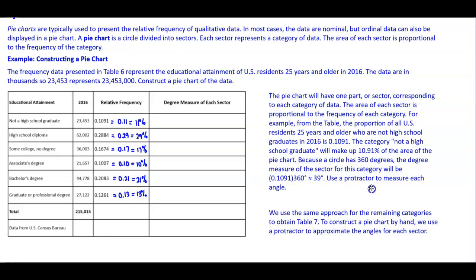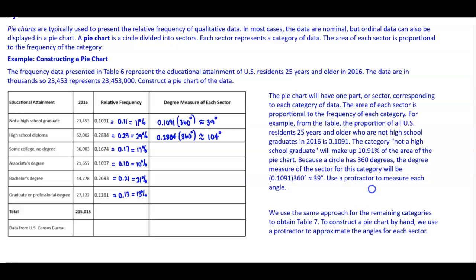Well, let's go ahead in here. So the degree sector is going to be 0.1091, and we're going to multiply that by 360 degrees, which is then going to give us approximately 39 degrees. If we did the same thing with 0.2884, and multiply that by 360 degrees, that's also going to give us approximately 104 degrees.